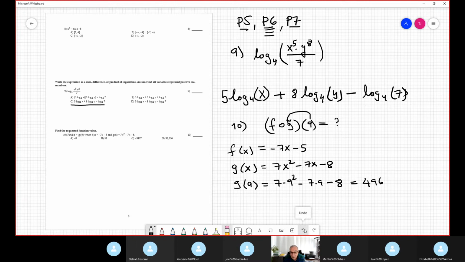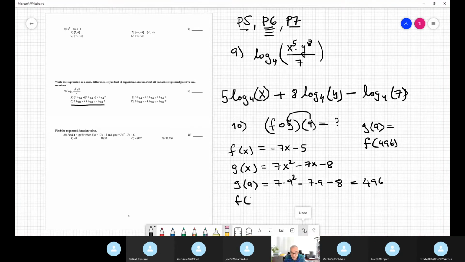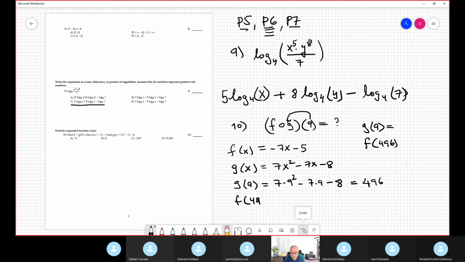Okay, I did that part. I did g at 9. Now I need to compute f at 496. So the answer for the first function, you plug it into the second. Basically it is minus 7 times 496 minus 5.